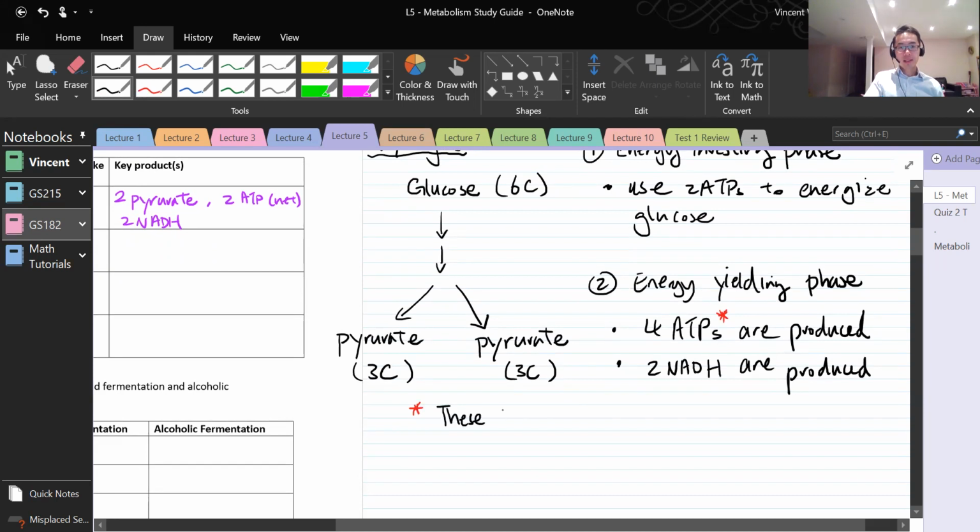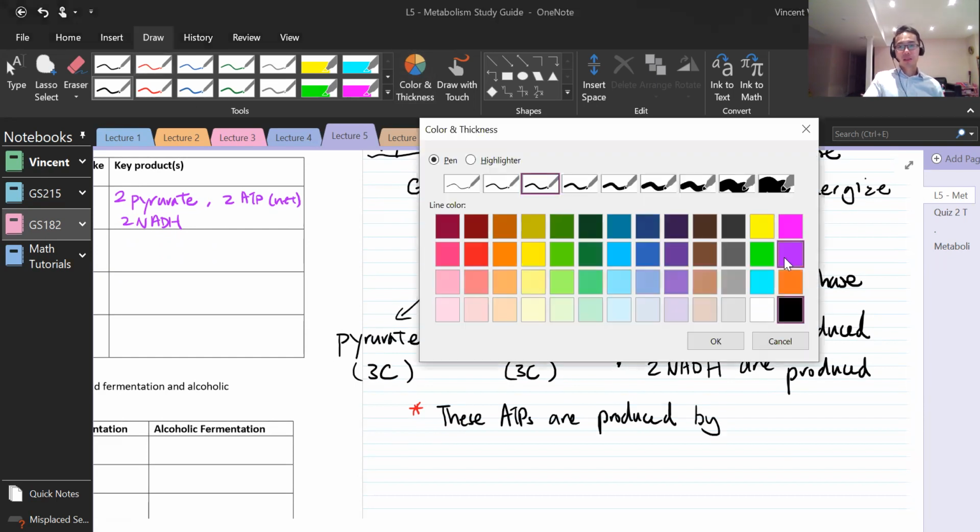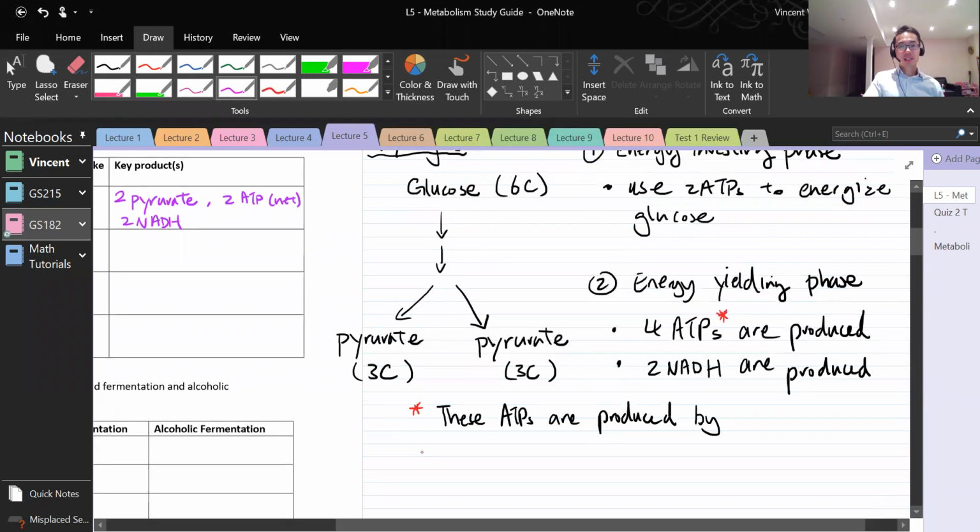These ATPs are produced by what we call substrate level phosphorylation.